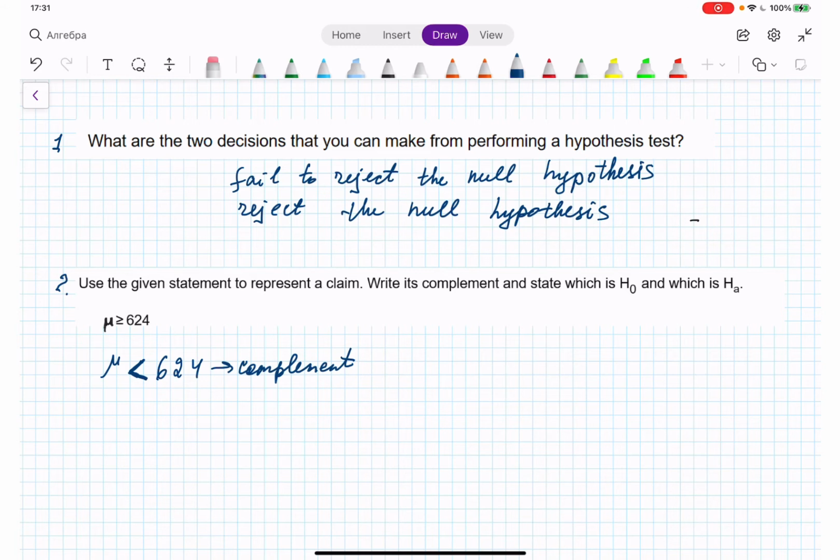That is the null hypothesis that always carries the testing case. So in this case, the null hypothesis is mu is greater than or equal to 624, and the alternative, which is the complement, is mu is less than 624.